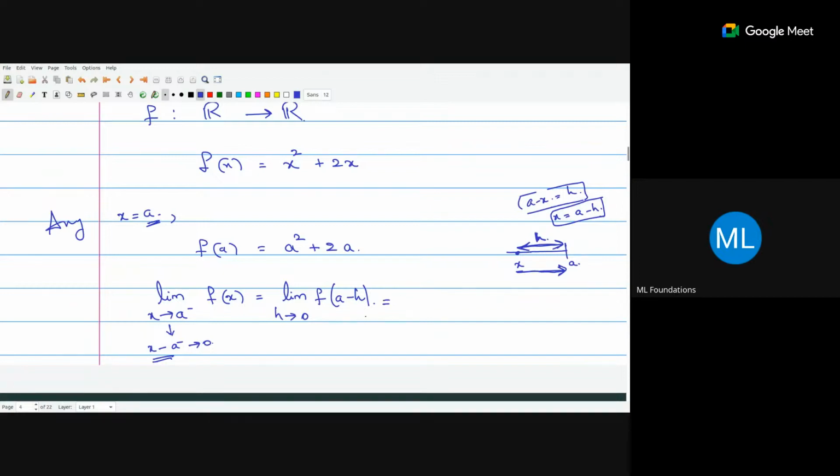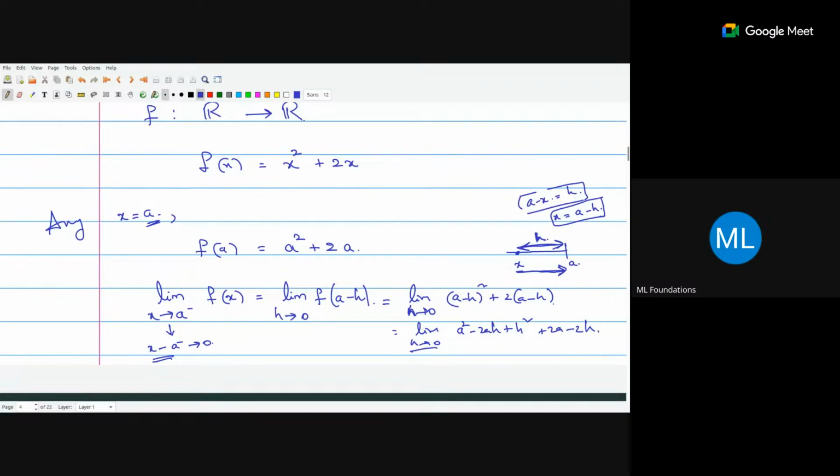Now you can see f of a minus h when h is tending to 0. What will this be? You can substitute and check. f of a minus h will be a minus h whole square plus 2 times a minus h, so limit h tends to 0 of a square minus 2ah plus h square plus 2a minus 2h.